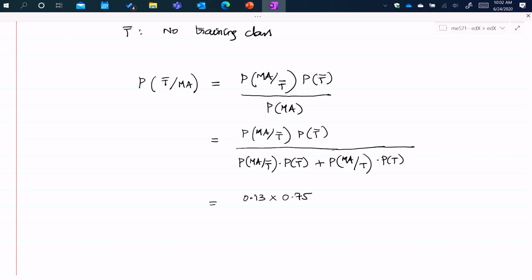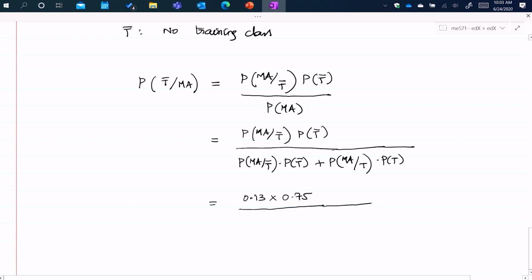Therefore, 3/4 of employees belonging to group A have not taken the training class, and that leads to probability of T complement being 0.75. We are also told that 13% of those who didn't take the training make mistakes. So that's where the first number comes from.